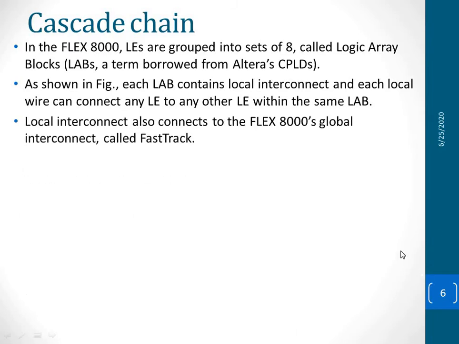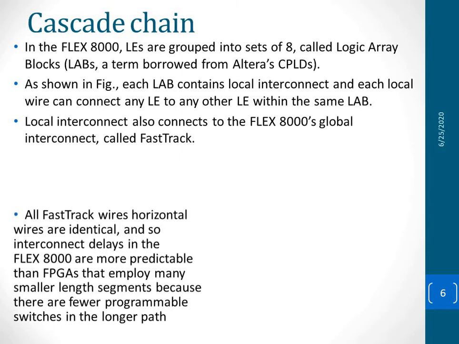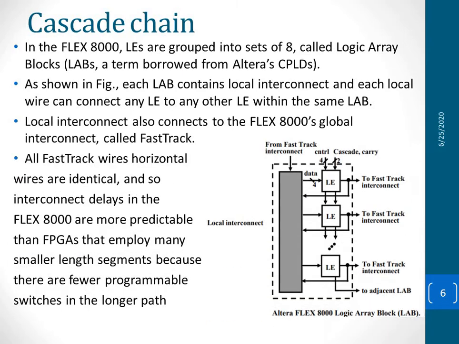A local interconnect also connects to the Flex 8000 global interconnect called fast track. All fast track wires, horizontal wires, are identical, and so interconnect delays in the Flex 8000 are more predictable. You can see here this is LE, that is the logic element, a simple logic block, and this is one more logic block.